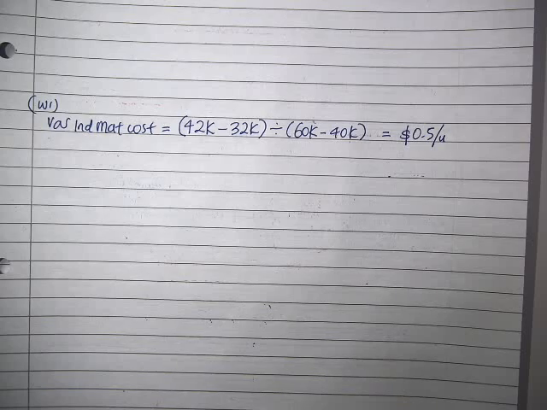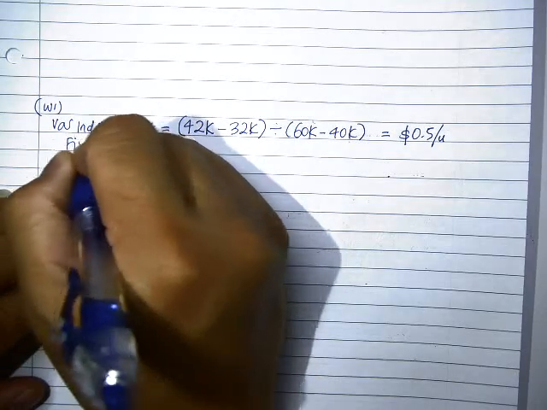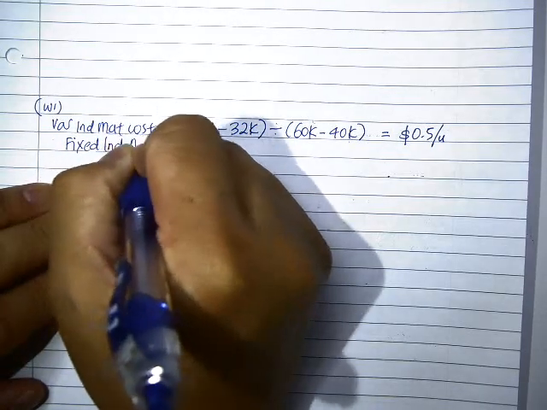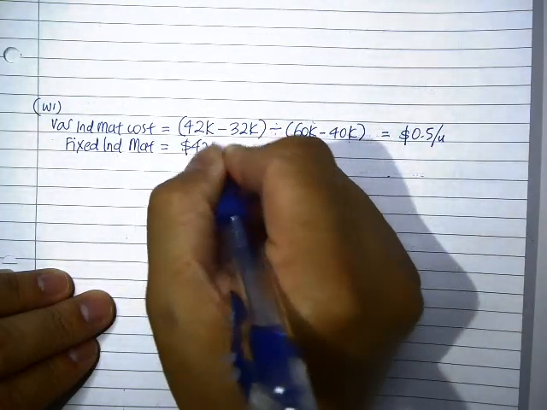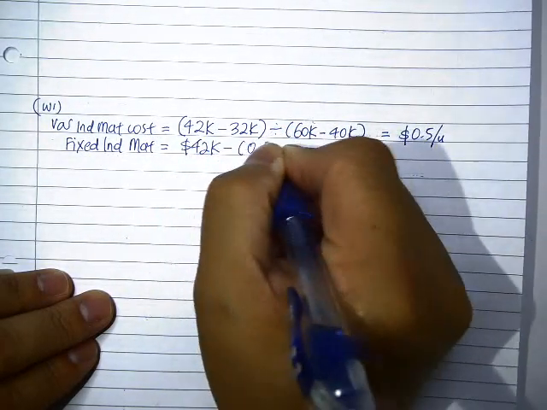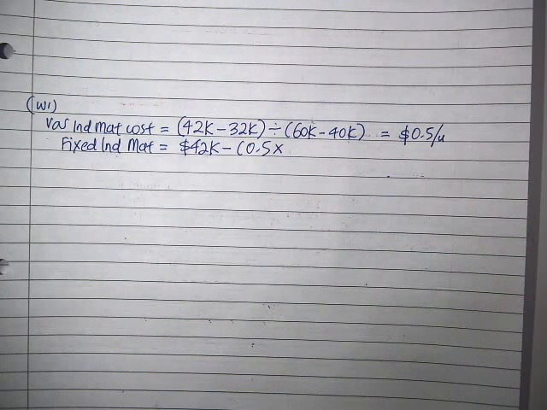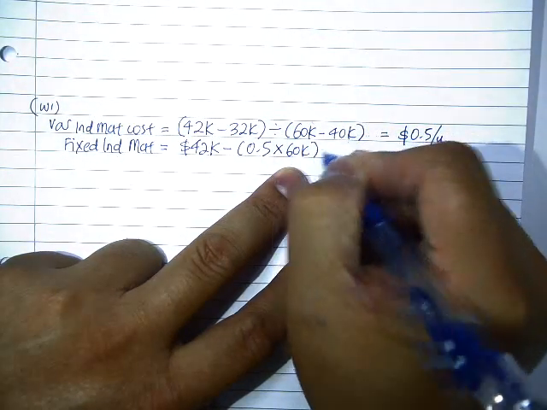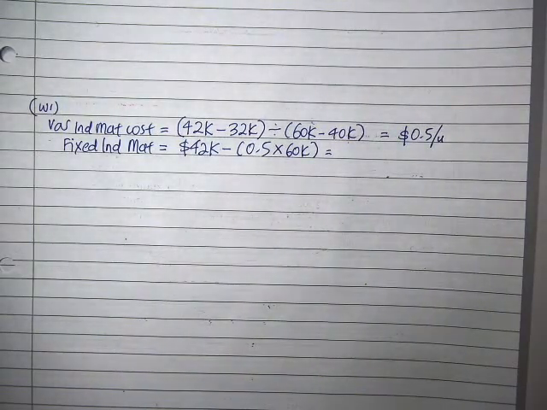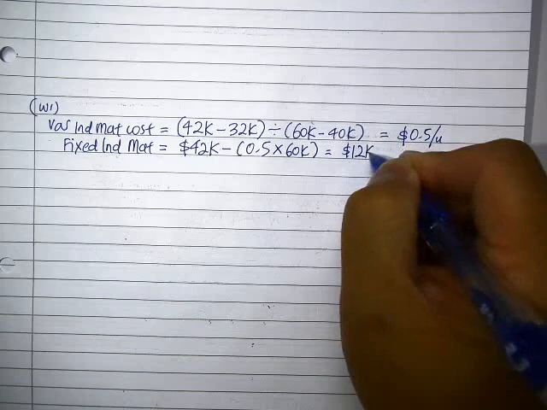And then, right, your fixed indirect material, you take any amount, 42, then you minus out the variable portion. So if you take 42, then you must follow 60,000 because there's the cost at 60,000. So the variable cost will be 0.5, take out 60,000, so it's 30K. So we have 12,000.